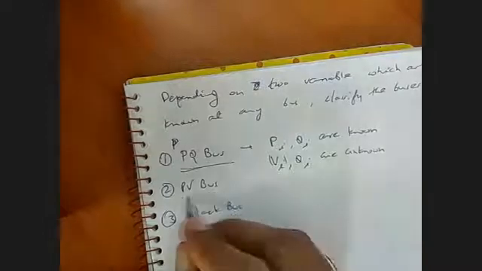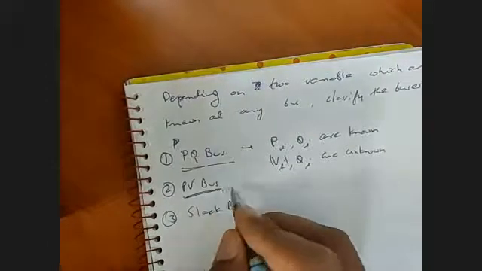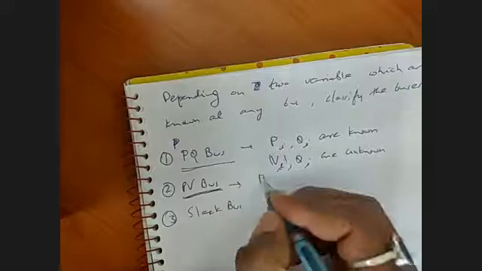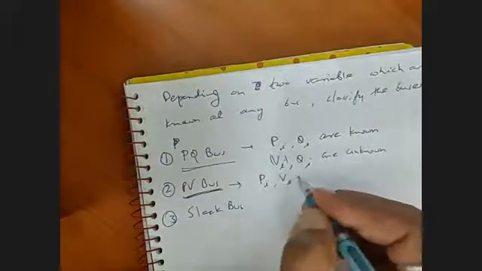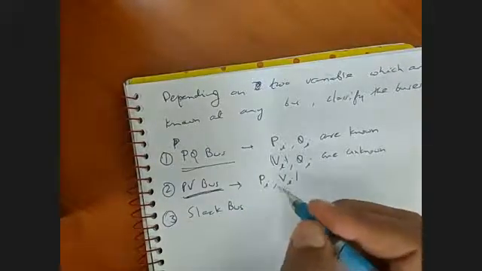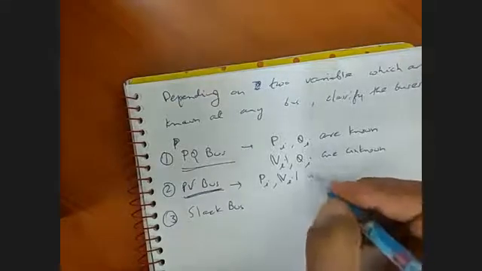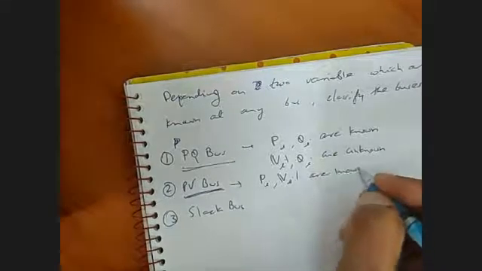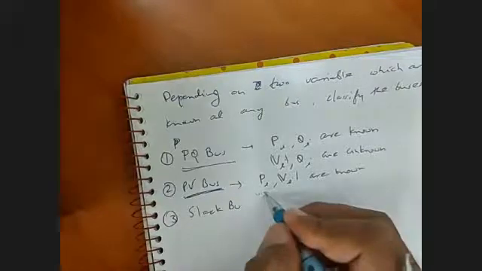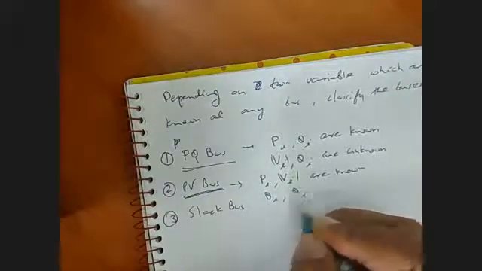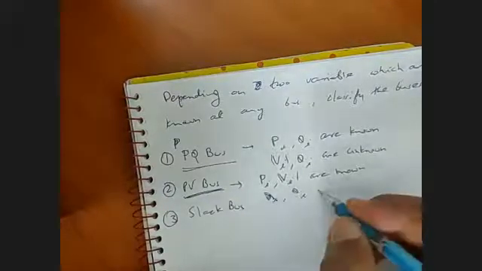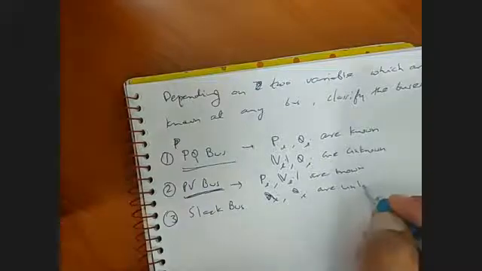Then at PV bus, we know Pi and magnitude of Vi, and Qi and theta i are unknown.